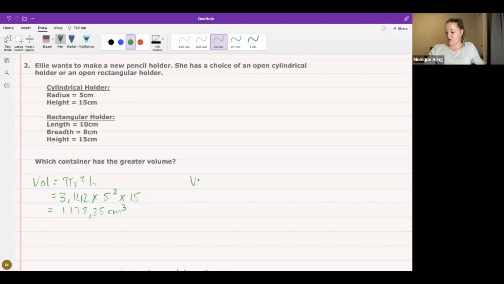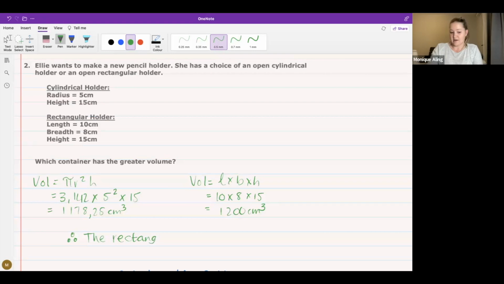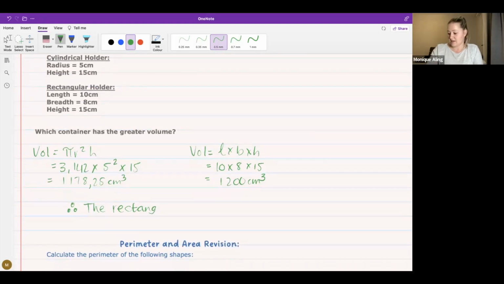And then volume of the rectangular prism is length times breadth times height, which is 10 times 8 times 15, which gives us 1,200 centimeters cubed. And then we answer the question, therefore, the rectangular holder has the greater volume.